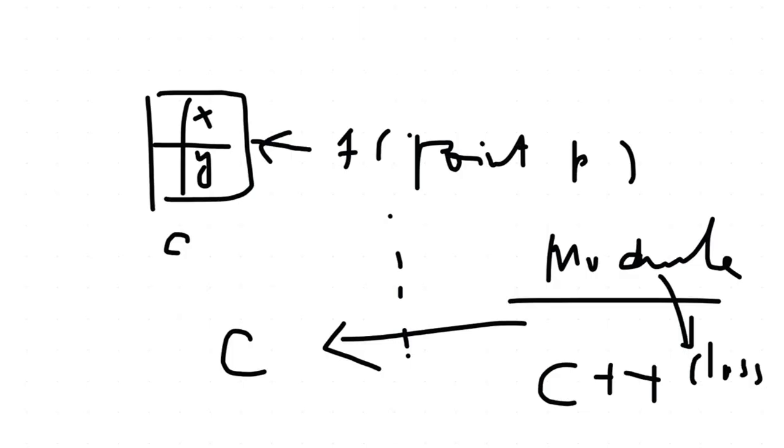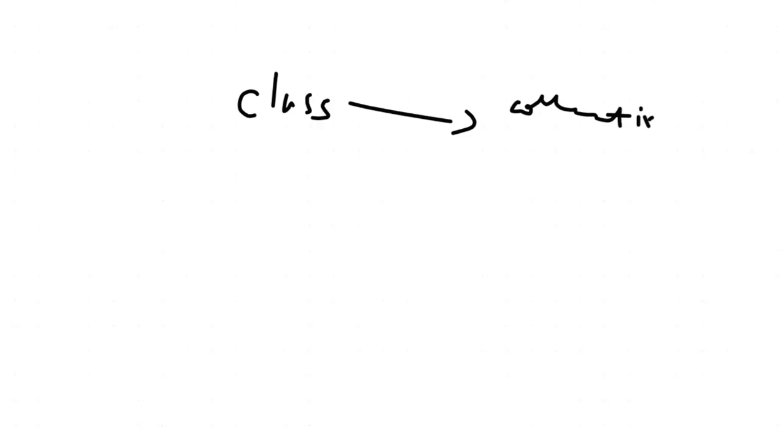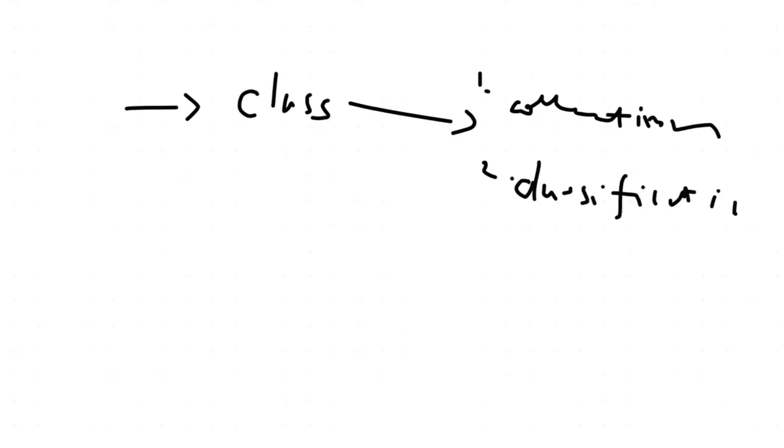So let's talk about class. Class, in a way, is one kind of collection. A whole class of students is one kind of collection. Second, class also has the meaning of classification. Classification means sorting. You have data, and you classify them into different types.